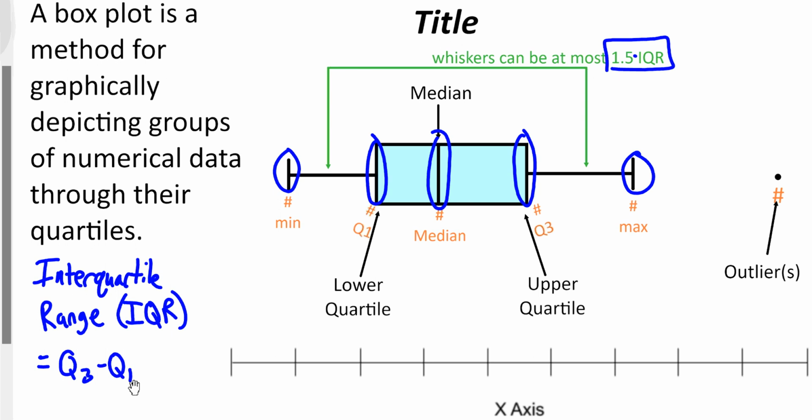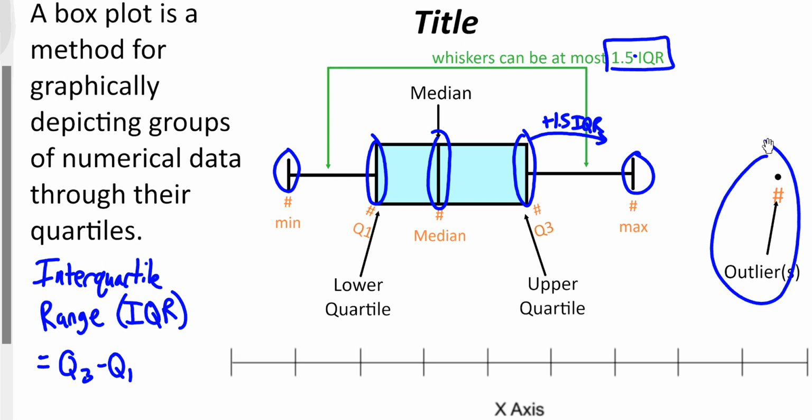And we want to take that and multiply it by 1.5. From the third quartile, the whisker can't go more than 1.5 times the IQR. If there are any values past it, then they're called outliers.